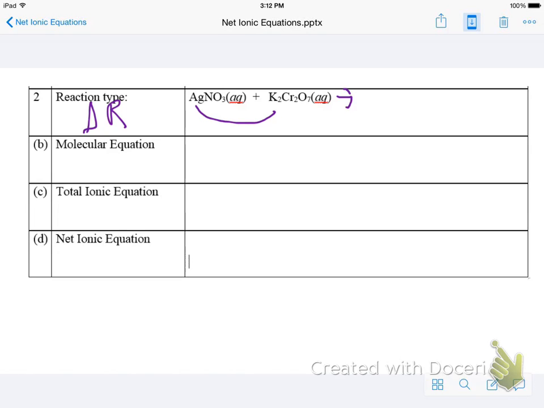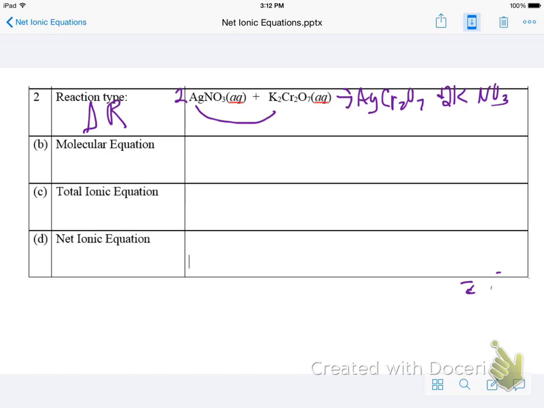And when they do that, I'm going to end up with the silver with the chromate, plus the potassium with the nitrate. Now potassium's a +1, nitrate's a -1, so I only need 1 potassium here, so I need 2 of those, and because I have 2 nitrates here, I'm going to need 2 of those.